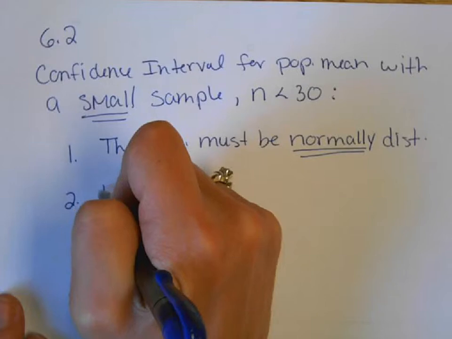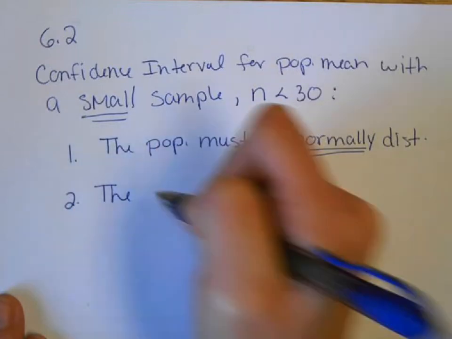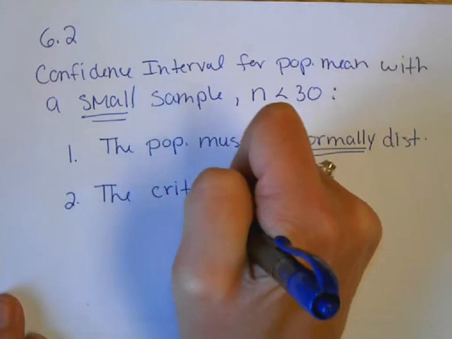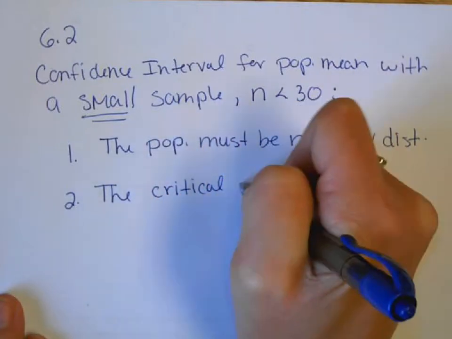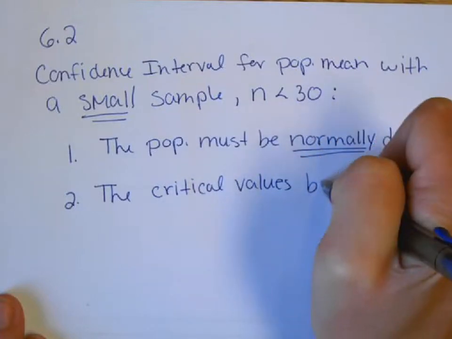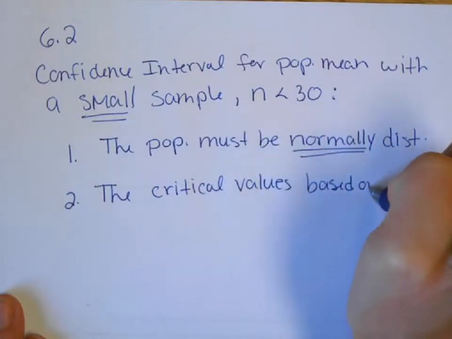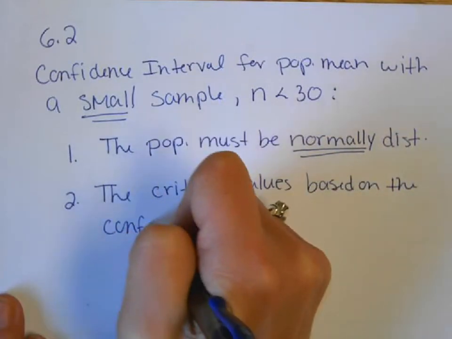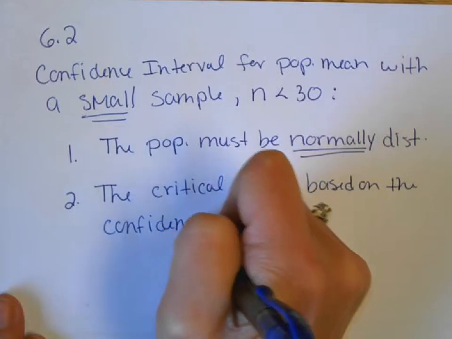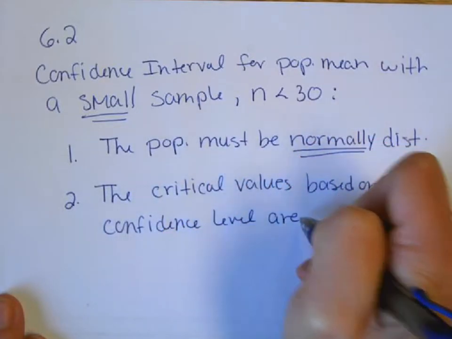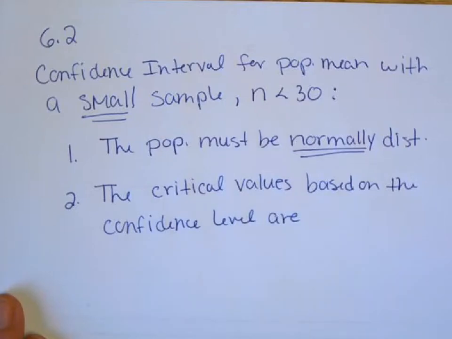Here, the critical values based on the confidence level are t-values instead of z-values. So we've done z-scores.